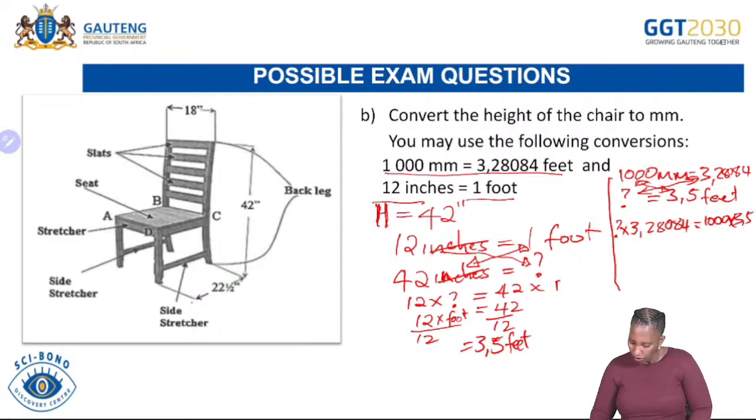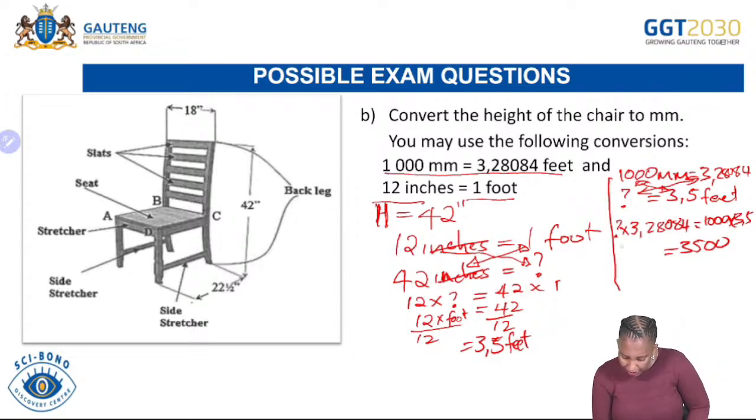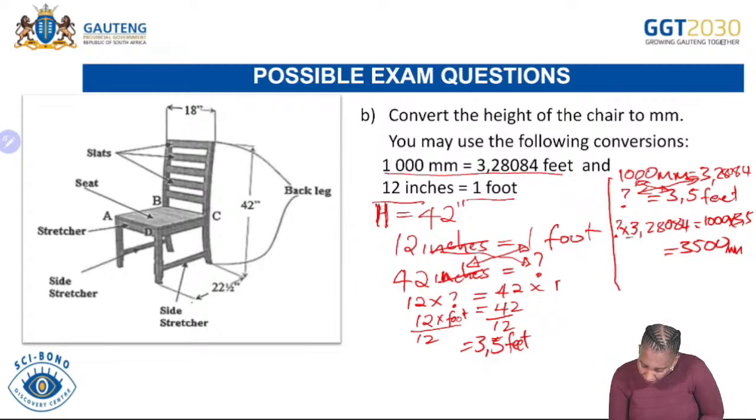3,5. So now quickly we say 3,5 multiplied by 1,000. It gave us 3,500. Now we've got 3,500, which is in millimeters, and then on the other side, we just have to divide. For us to remain with the unknown part, we divide by the conversion factor, which is 3,28084.